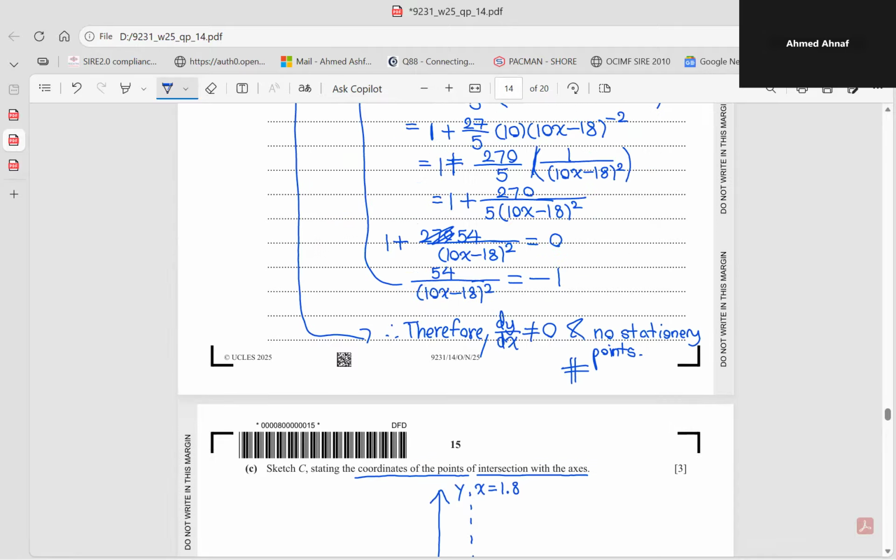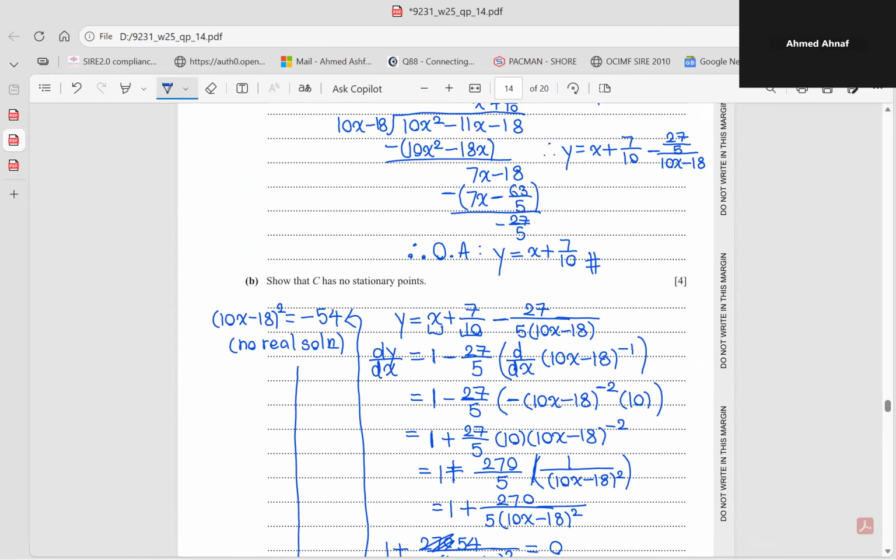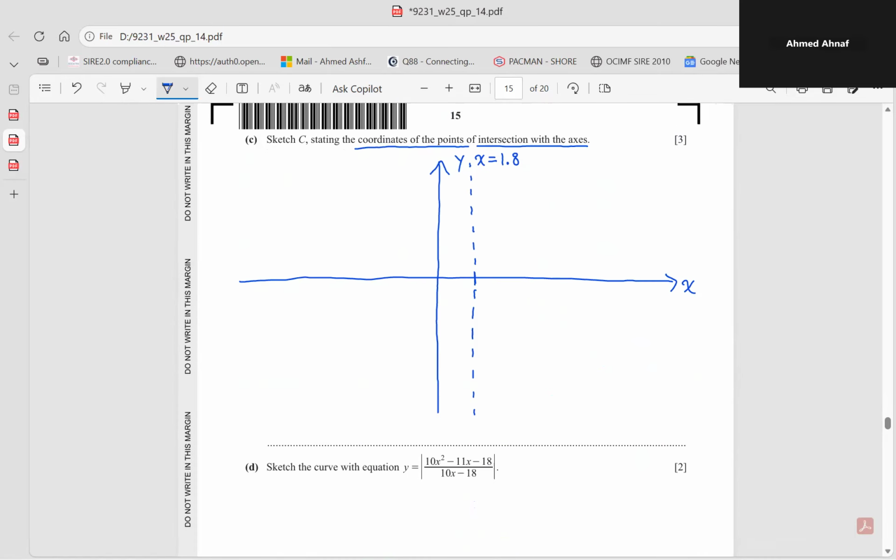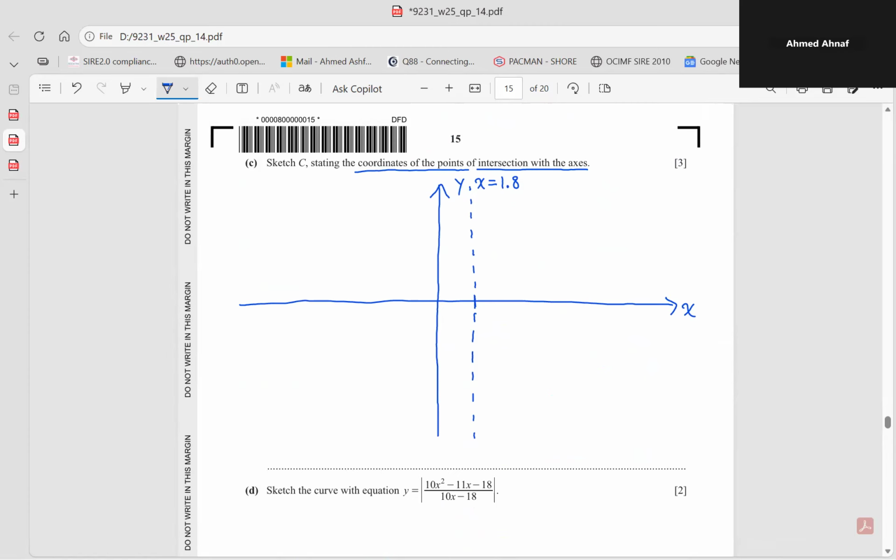Now let's sketch the oblique asymptote y equals x plus 7/10. All right, so with the 7/10, the y-axis is supposed to be here, the y-intercept is supposed to be here, and the x-intercept is supposed to be here.